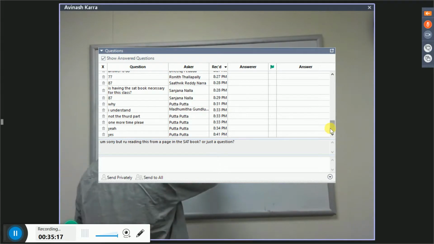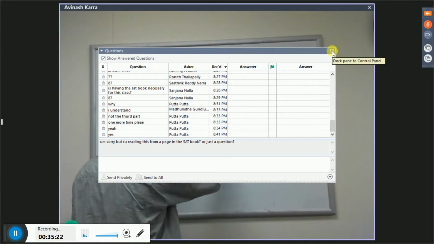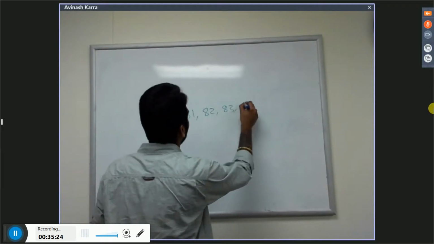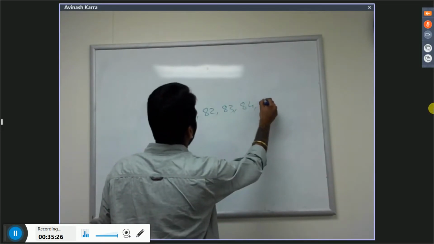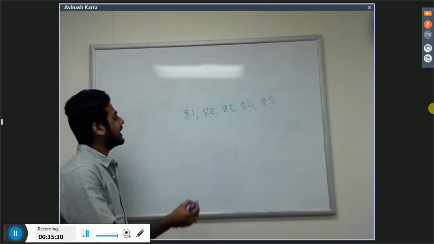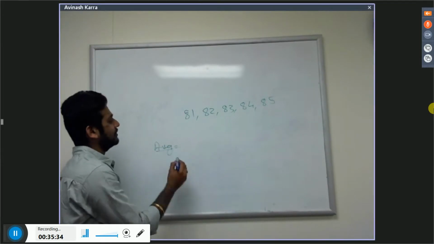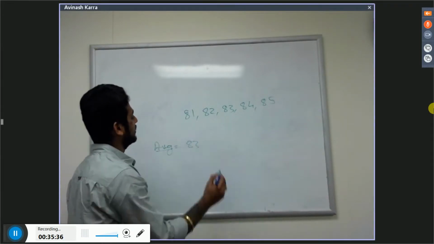What is the next one? If numbers in a set are not all the same, then the average must be greater than the smallest number. Let us take 81, 82, 83, 84, 85. If I take the average of these values, I'll get 83.